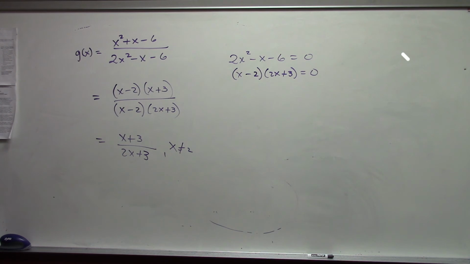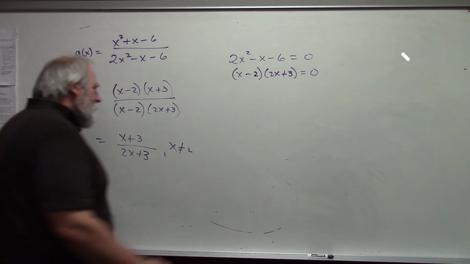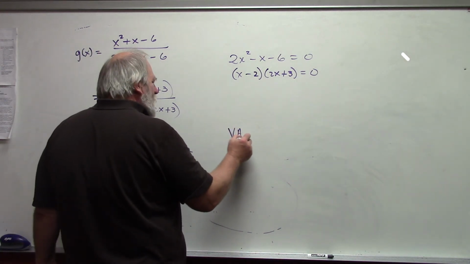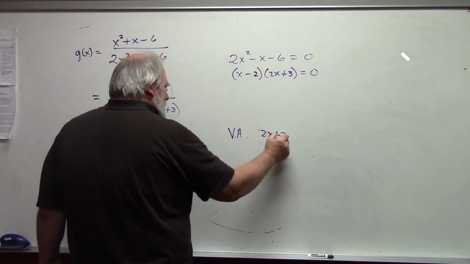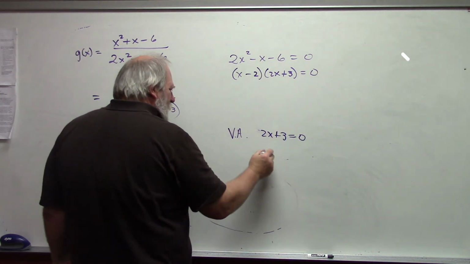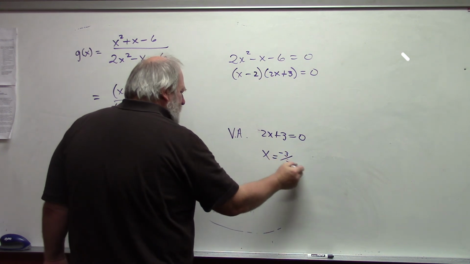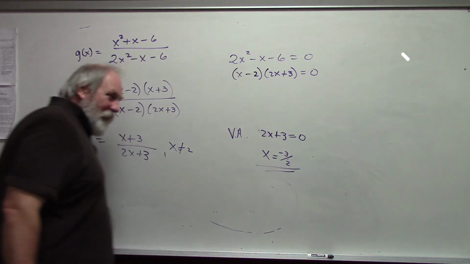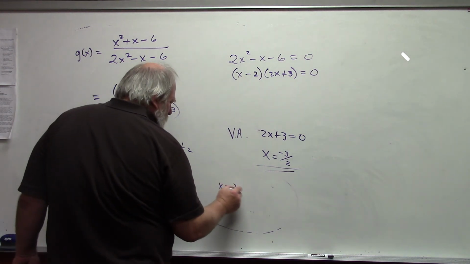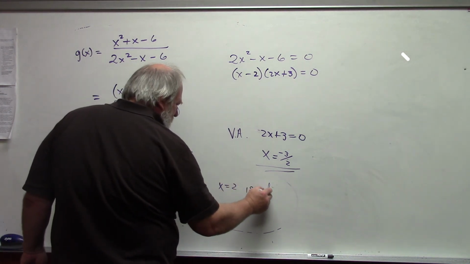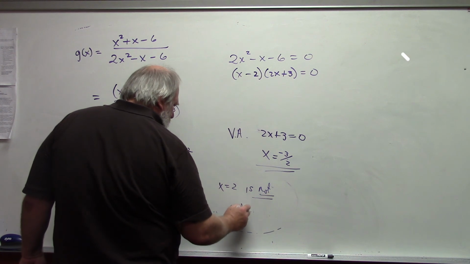Which means, where do I have the denominator approaching 0 but the numerator is not? My vertical asymptote is only when 2x plus 3 equals 0 or x equals negative 3 halves. That's the only vertical asymptote. x equals 2 is not a vertical asymptote.